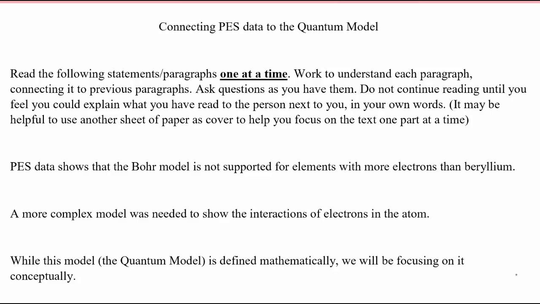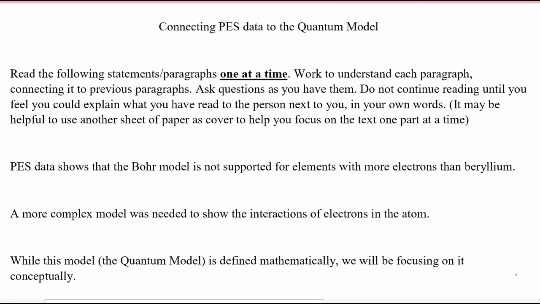So yesterday we looked at the PES data and we saw that it shows that our Bohr model is not supported for elements that have more electrons than beryllium, which meant we needed a more complex model. The Bohr model was just too simple to show the interactions of the electrons in the atom.